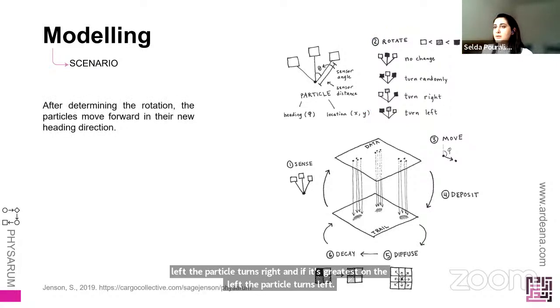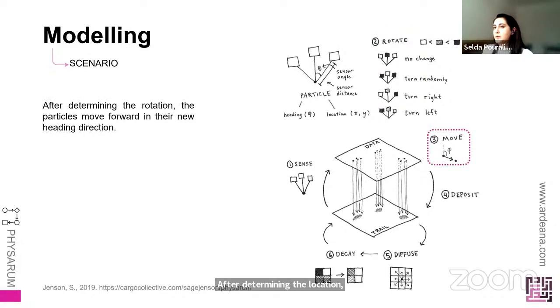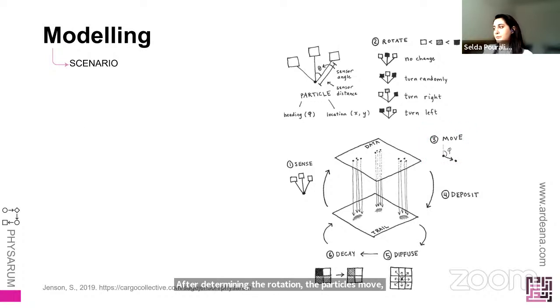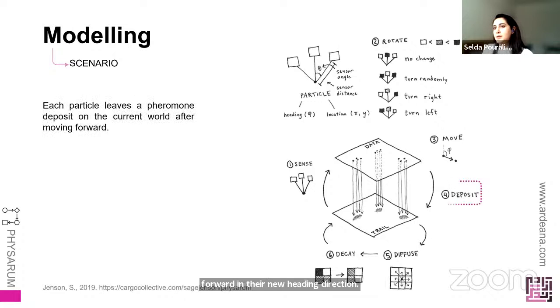After determining the rotation, the particles move forward in their new heading direction. Each particle leaves a pheromone deposit on the current world after moving forward.